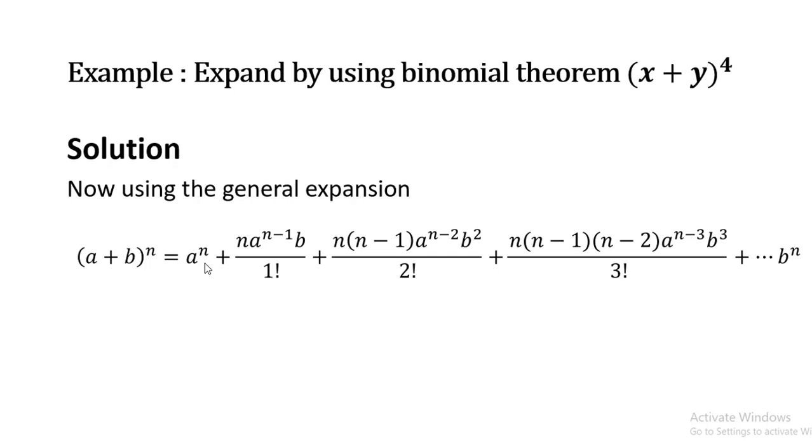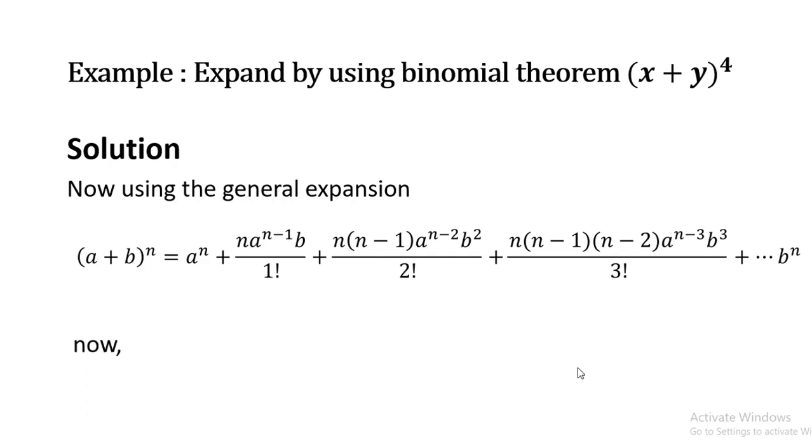As I told you earlier, in this expansion we take the first term with the highest power, that is n. With each step we reduce the power of a and increase the power of b, from b1, b2, b3 till bn.